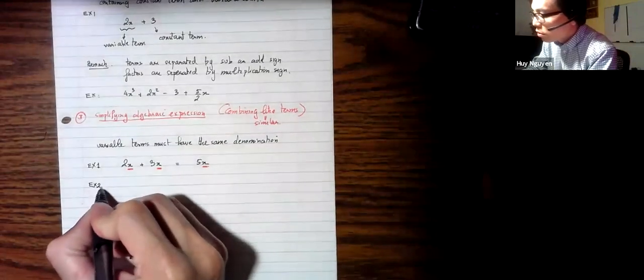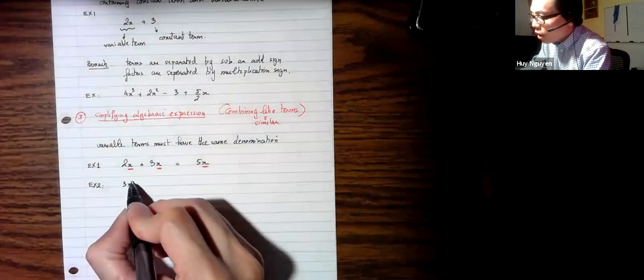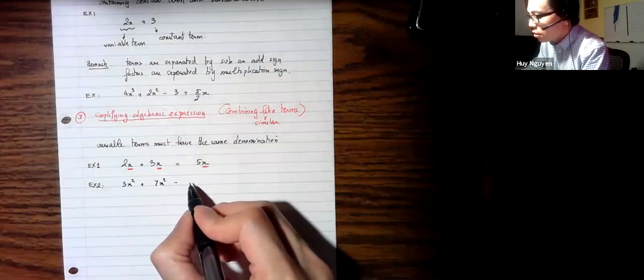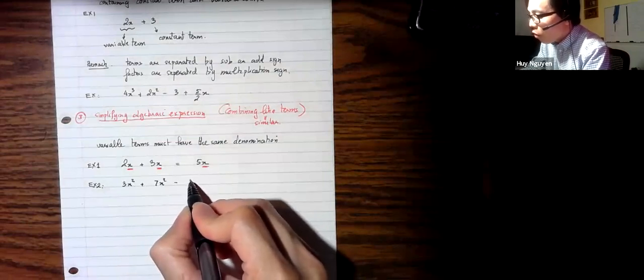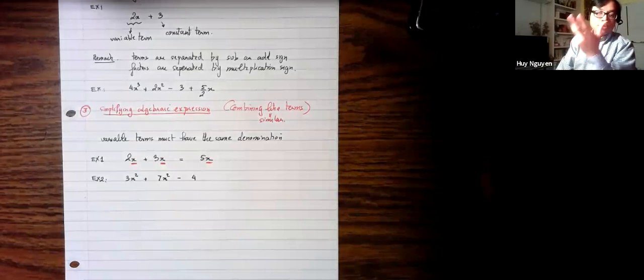I can give you another example. Example 2. For example, I have something like this: 3x squared plus 7x squared minus 4. I want you to tell me how many terms are in this algebraic expression.